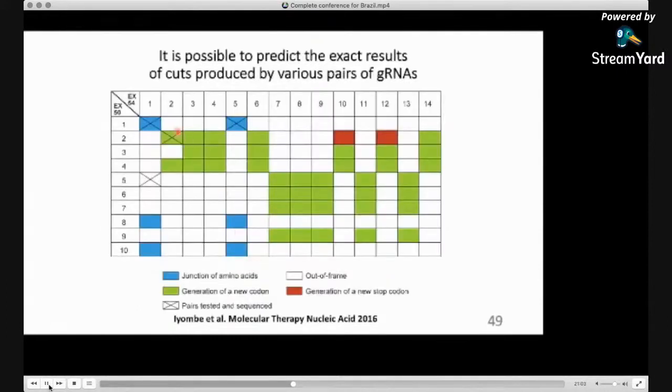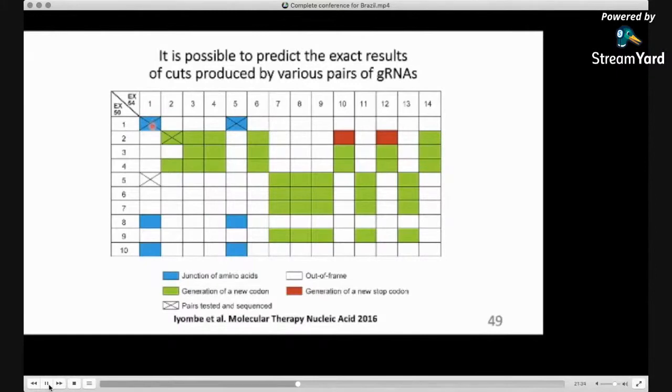This table predicts the results of inducing cuts in exon 50 and in exon 54. When we have a blue square, it means that the cut has been produced in exon 50 right after the 3rd nucleotide of a codon that codes for an amino acid, and the cut has been produced in exon 54 just before the 3 nucleotides that code for an amino acid.